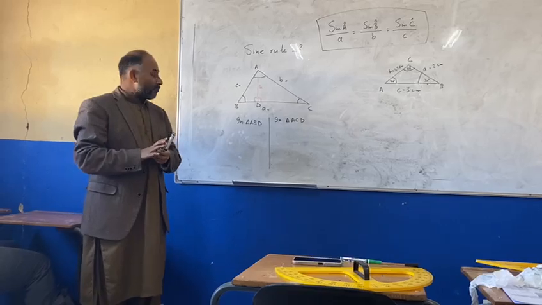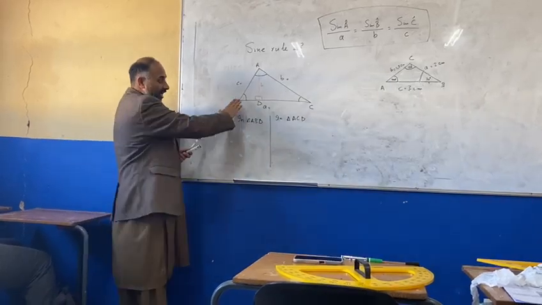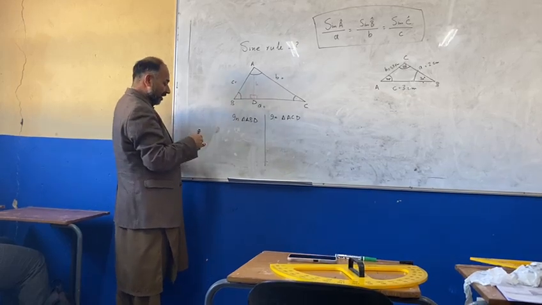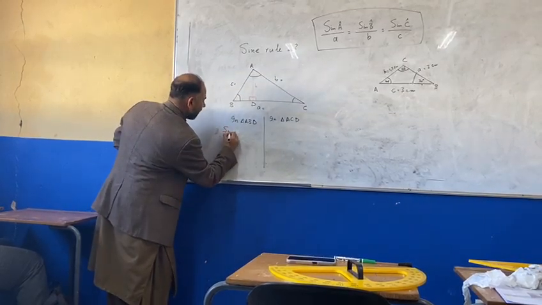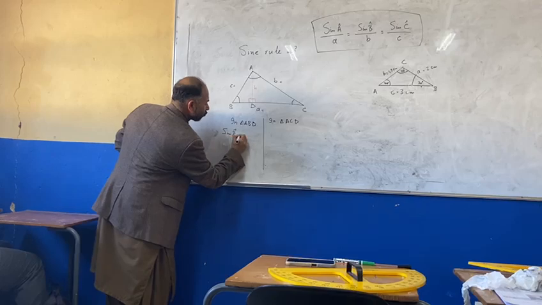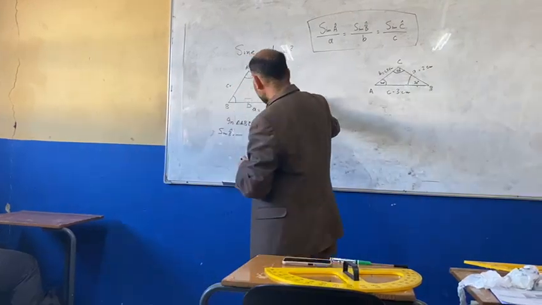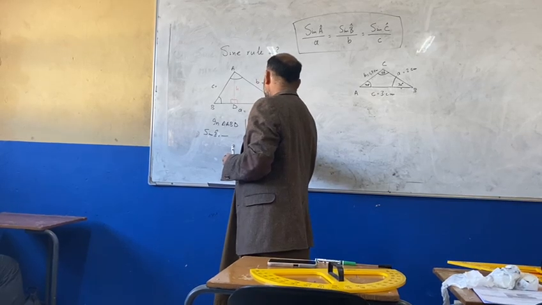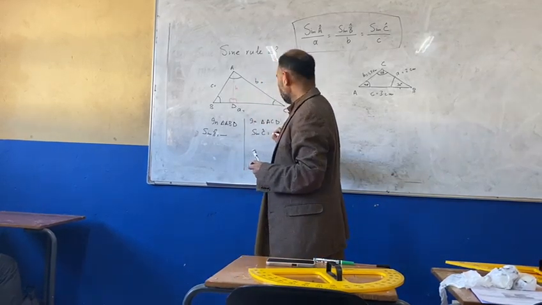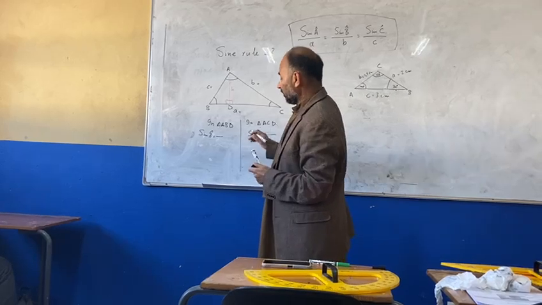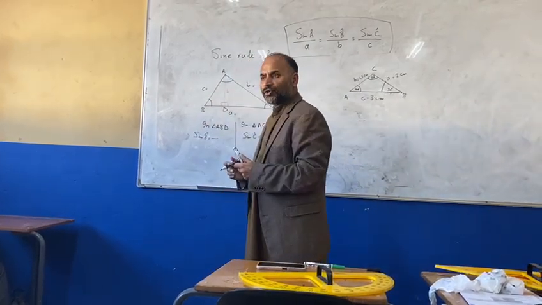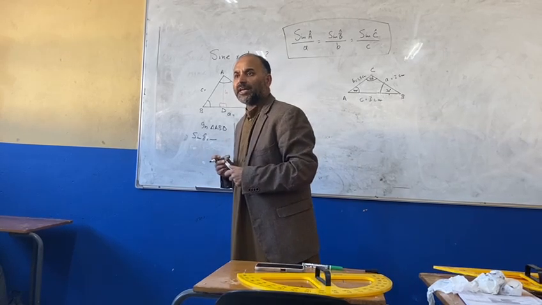To make it interesting now, let's take sine of this angle. Sine B. Let me say sine B is equal to what? And in this triangle, sine C is equal to what? Sine B is equal to what? You know sine ratio. What is the ratio of sine?